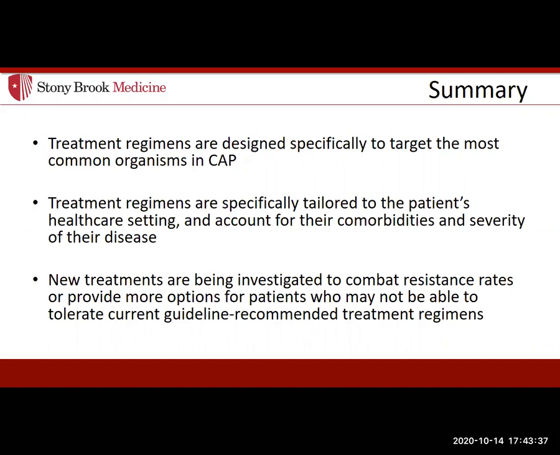And this also gives us more treatment options in patients who may not be able to receive the current guideline recommended therapy. And the point that I want to conclude with is that when treating our patients, we need to keep in mind that we must be an advocate for our patients while also being actively involved in antimicrobial stewardship in order to optimize their medication therapy.